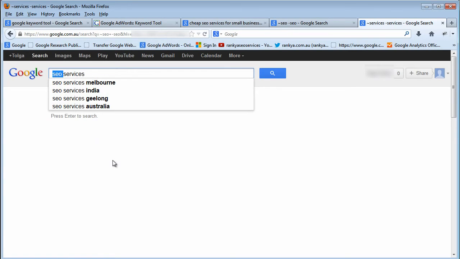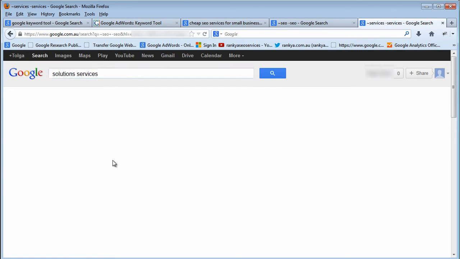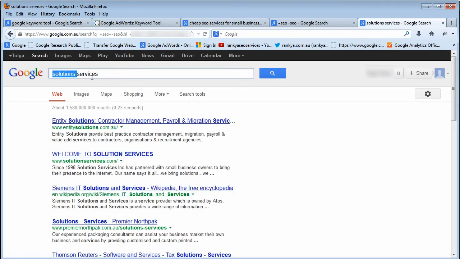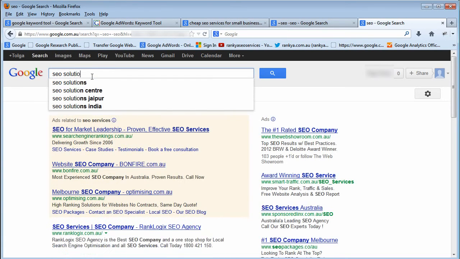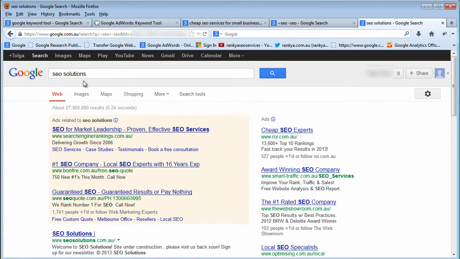But no, apparently, okay, no, that wouldn't be smart. SEO, in this example, because Google has given me that, right? Google has given me that.